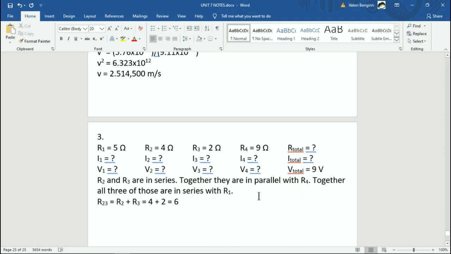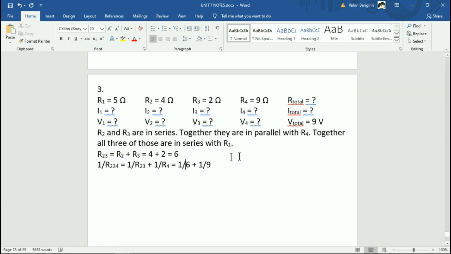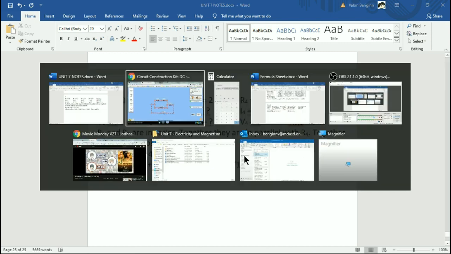Now, those two are in parallel with R4. So 1 over R234 equals 1 over R23 plus 1 over R4, which is 1 over 6 plus 1 over 9. 18 works as a common denominator, so this is 3/18 plus 2/18, which is 5/18. That means R234 is 18/5, which is 3.6.